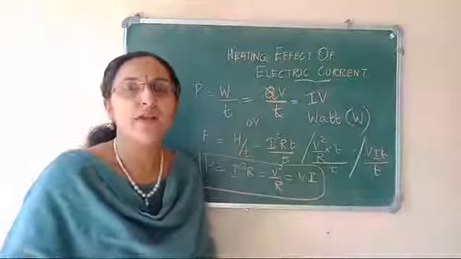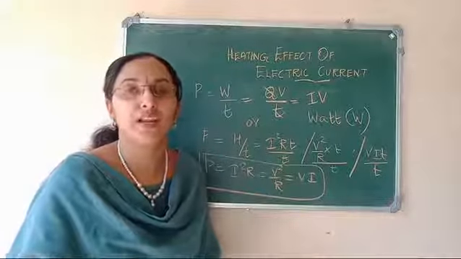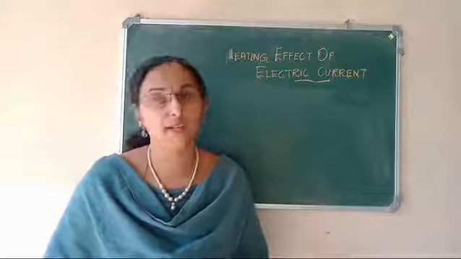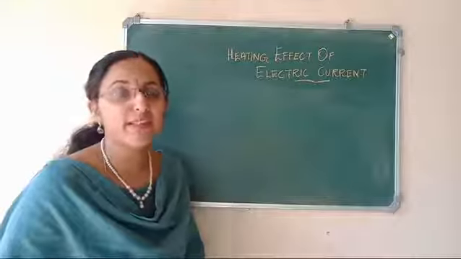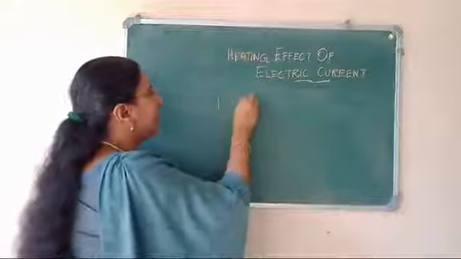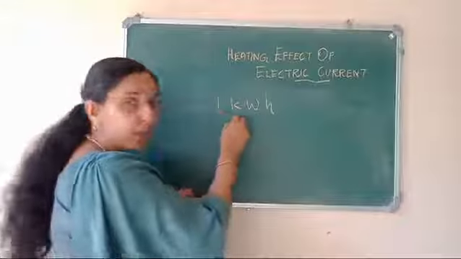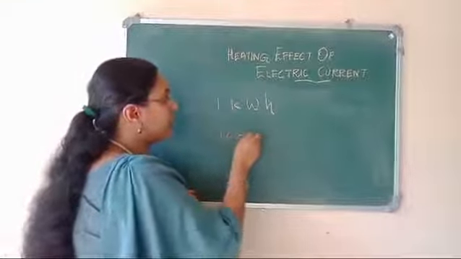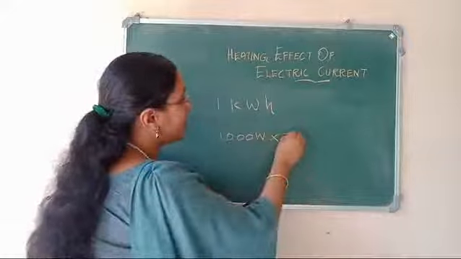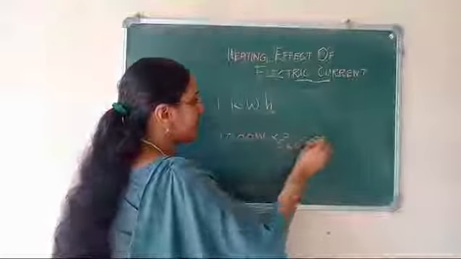Next we can find the commercial unit of electrical energy. Electrical energy is measured in kilowatt hour, not in joule. We can relate kilowatt hour and joule. 1 kilowatt hour means 1 kilo, that is 1000 watt, in 1 hour. How many seconds are there in 1 hour? 3600 seconds.